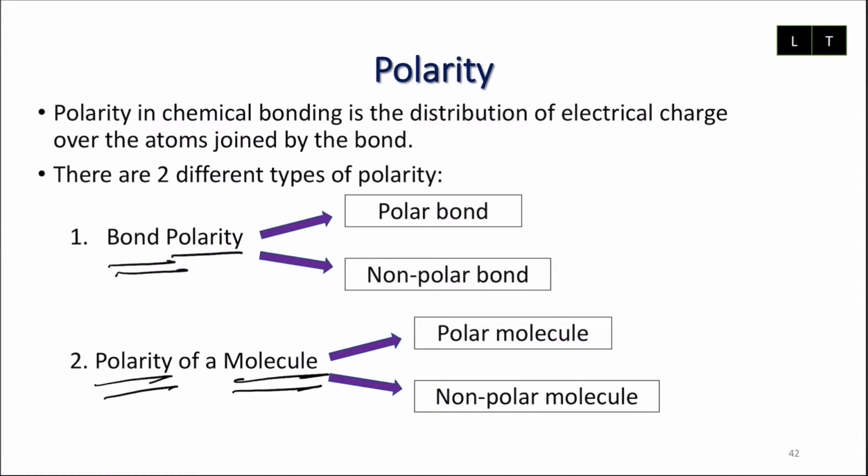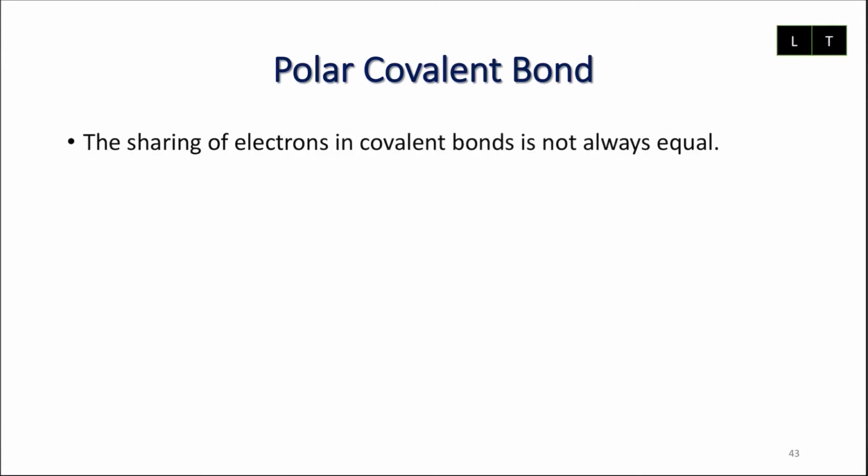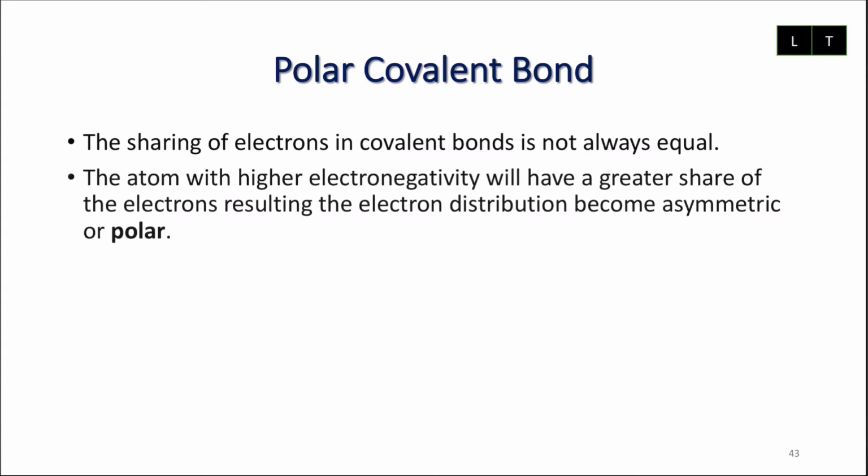So let's focus with the polar covalent bond dahulu. So polar covalent bond. Apa sebenarnya benda ni? Kita kena faham, bila covalent bond terhasil, sometimes sharing of electrons itu tidak sama, di mana kita ada dua jenis atom, salah satu with higher electronegativity and salah satu lagi lower electronegativity.